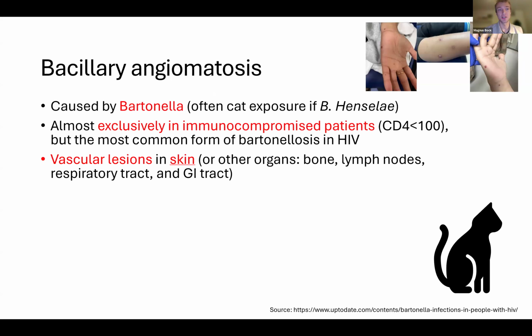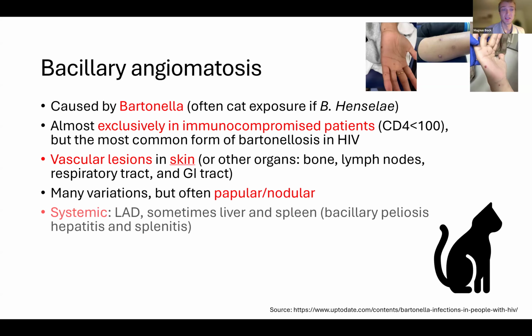And they usually present with vascular lesions of the skin, like in this case, but it can also be vascular lesions in other organ systems as well. And there are many variations, but often they are papular or nodular in appearance. And since this is also a disseminated Bartonella infection, it may also give rise to lymphadenopathy and sometimes also involvement of liver and spleen.